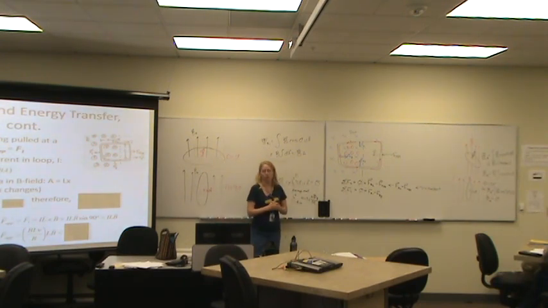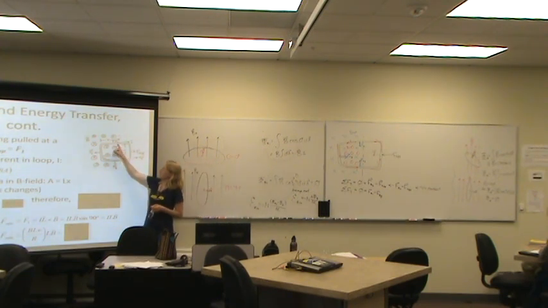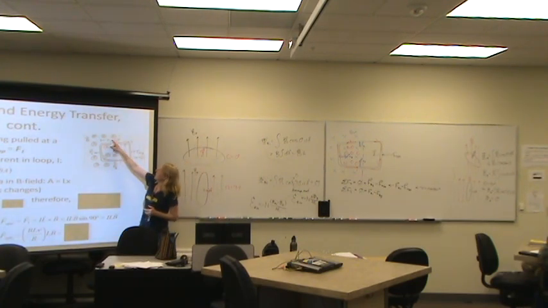But the area is changing. You're only interested in the part of the loop that actually is inside the B field. And in this case where you're pulling it out, that area is shrinking. I drew an X to denote the portion of that loop that's actually in the B field, and you could solve for the area as L times X.